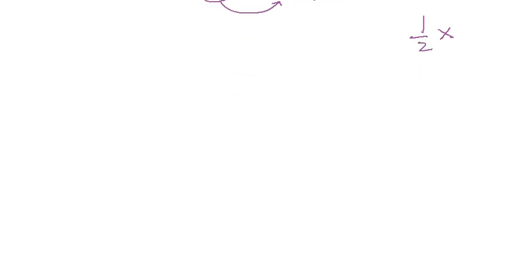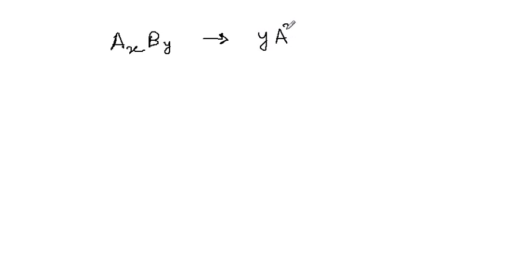Okay, so now we can generalize this scenario. If we just try to generalize this scenario, let's say we have an AXBY solute which will dissociate to give us, A would be the cation by default, so this should be X times A Y plus and Y times B X minus.